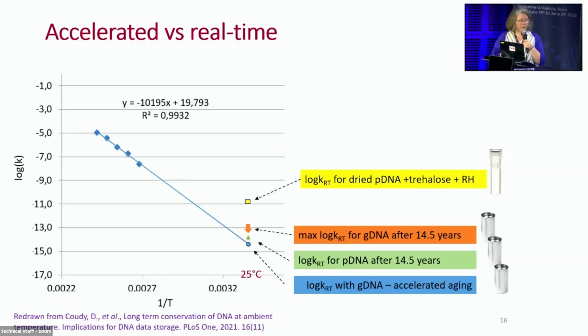So it's an actual rate. And here in orange, you have the maximum log because DNA is still high molecular weight after this time. So they are really grouped around the extrapolated value from the Arrhenius equation, so we can sort of validate that accelerated aging gives good results, and really we are in the same conditions in room temperature in the capsules.